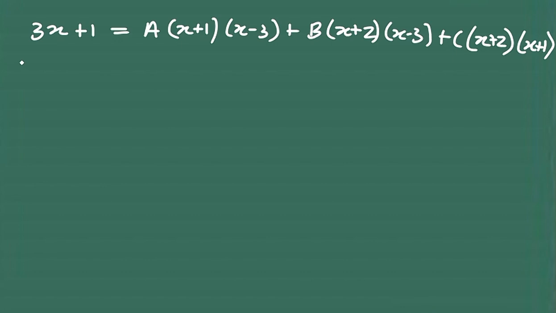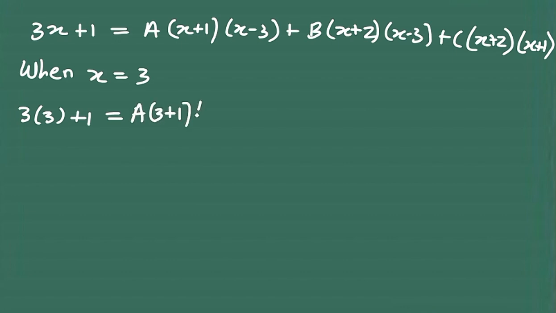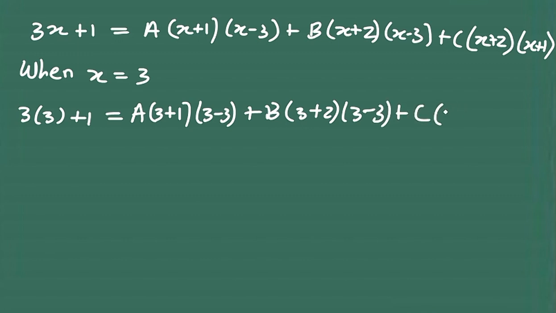So let's say that when x equals positive 3, we are going to have 3 times 3 plus 1 equals a into bracket 3 plus 1 times 3 minus 3, plus b into bracket 3 plus 2 times 3 minus 3, plus c into bracket 3 plus 2 times 3 plus 1.